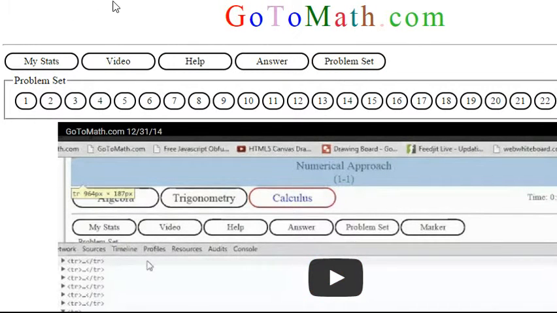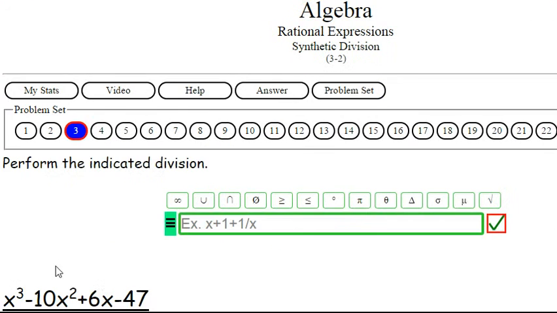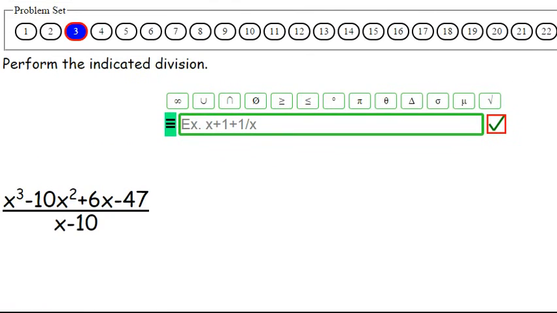Okay, we're over here at gotomath.com, click on algebra, let's go down to synthetic division, and we're looking at 3.2. Write that down. We've got x cubed minus 10x squared plus 6x minus 47, and that's going to be all over x minus 10.